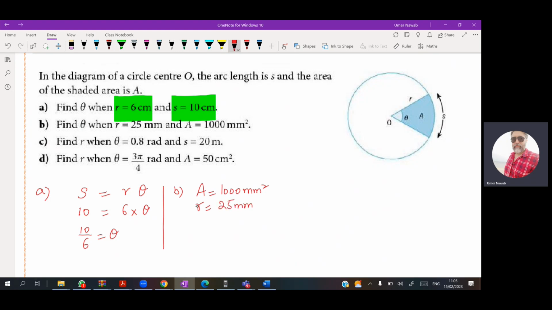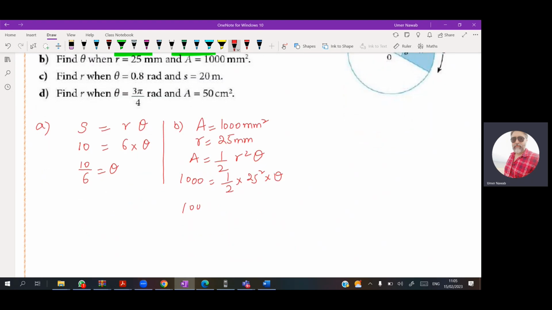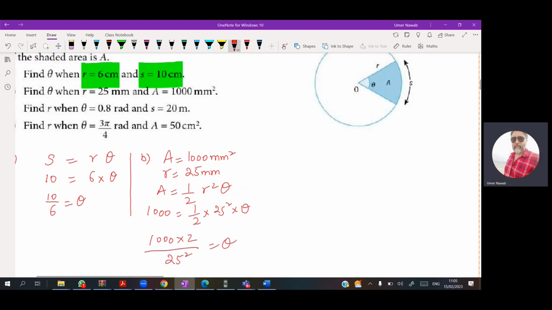Now he's talking about the area of a sector. What is the formula for the area of a sector? Half r squared theta. Substitute 1000 equals half times 25 squared times theta. Now send the things to the other side. No worries, you can easily simplify later on.